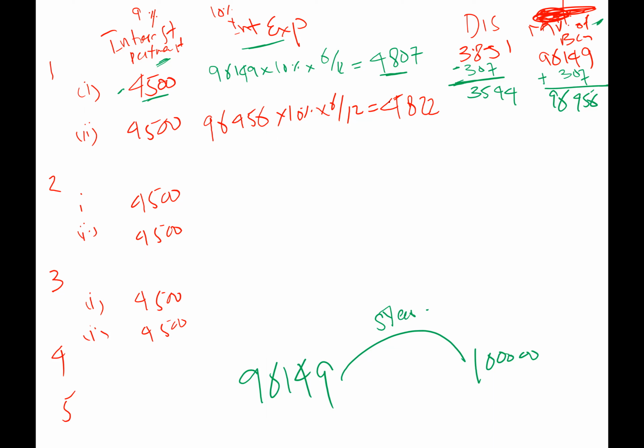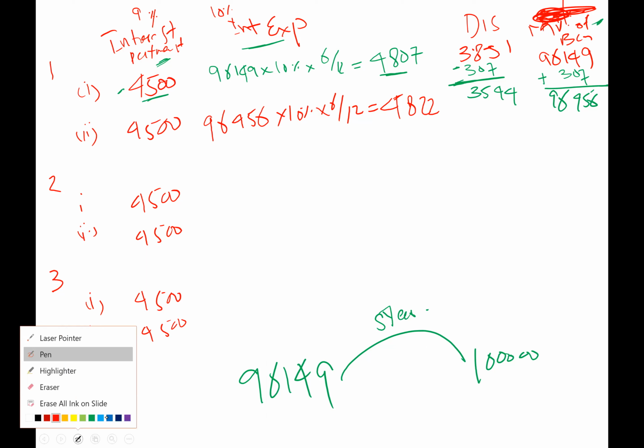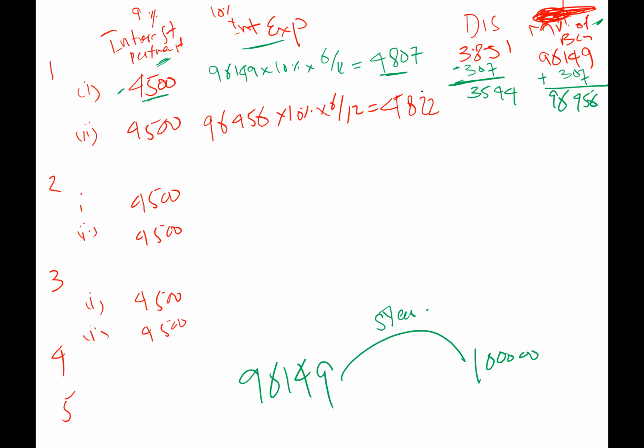All right. And the difference between interest expense and interest payment will be less from the discount here. So which is 4822 minus 4500. Answer is 322.